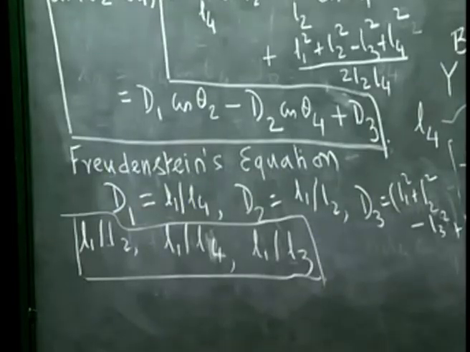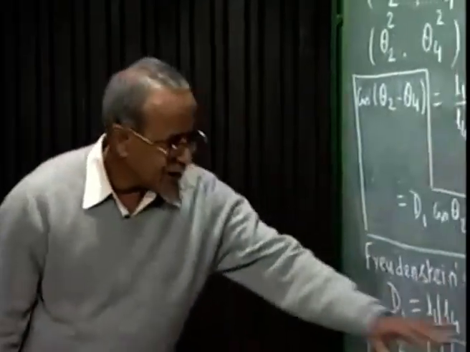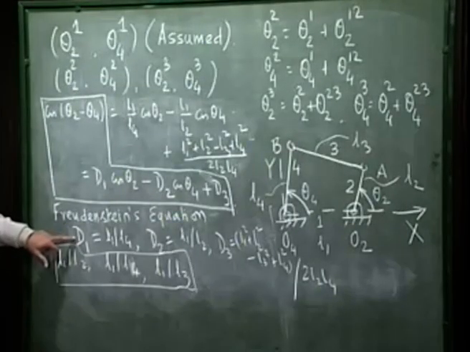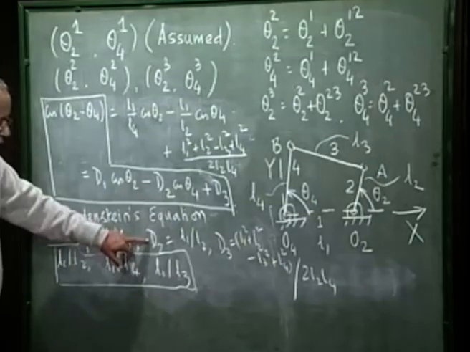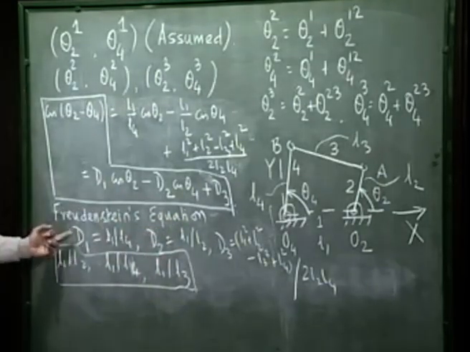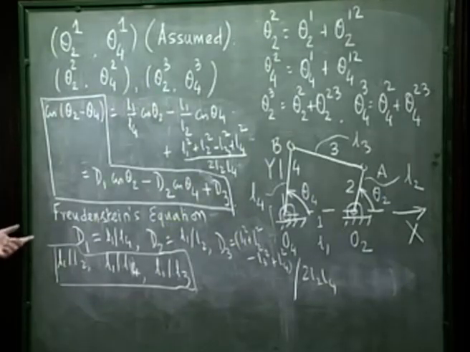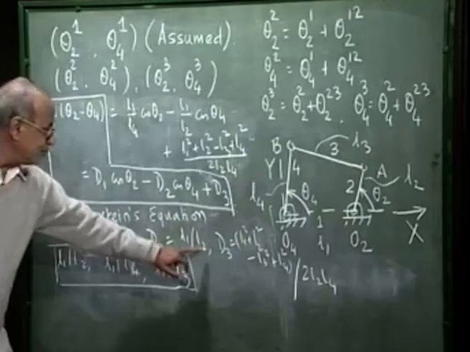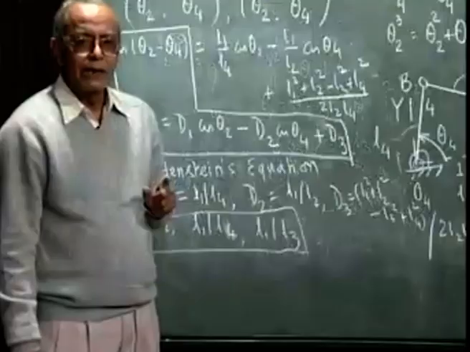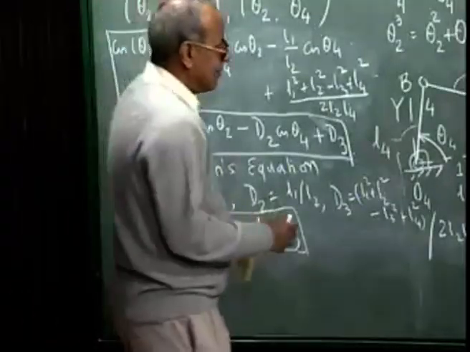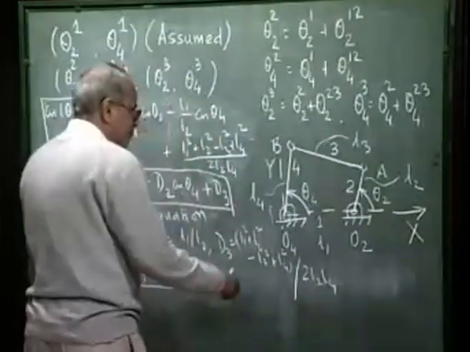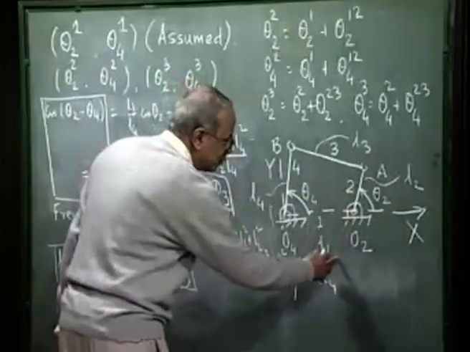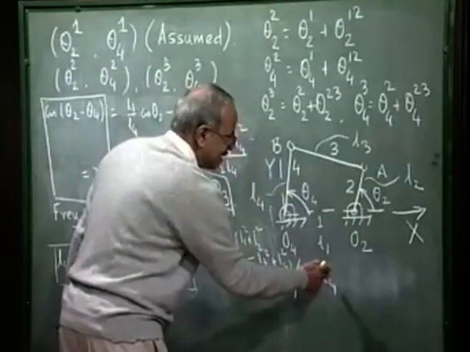At this stage, it may be worthwhile to recall that after solving this set of linear equations, D1 may turn out to be negative, so is D2. D2 may be positive or negative, D1 may be positive or negative. What does it imply? The negative values of D1 and D2 imply that L2 and L4 have to be interpreted in the vector sense. That means, if L2 turns out to be negative, then theta 2 is theta 2 plus pi, such that L2 becomes negative.